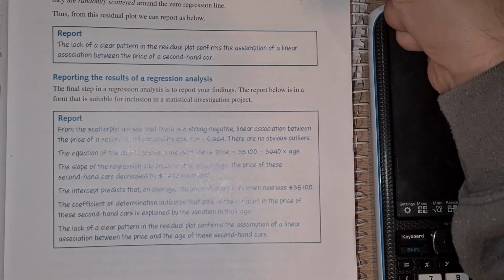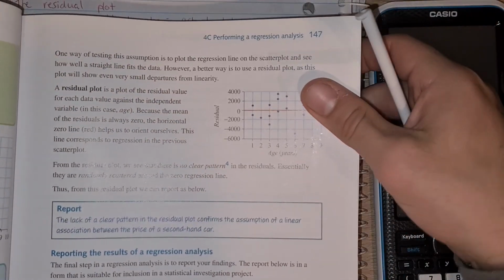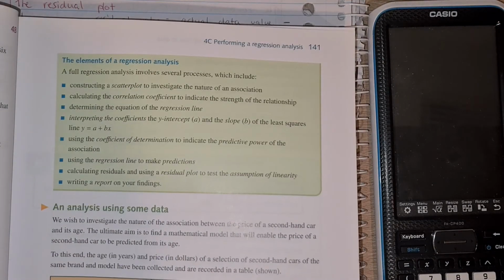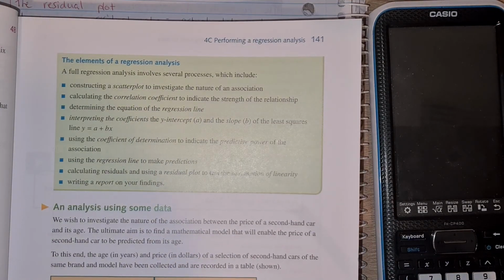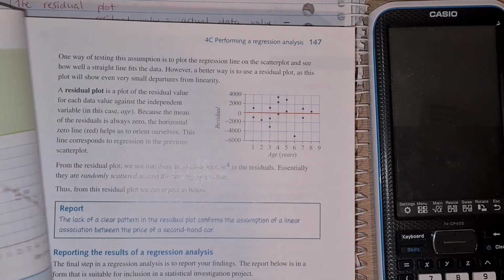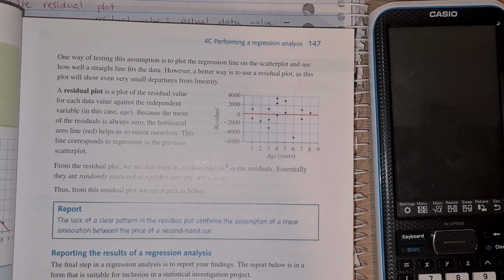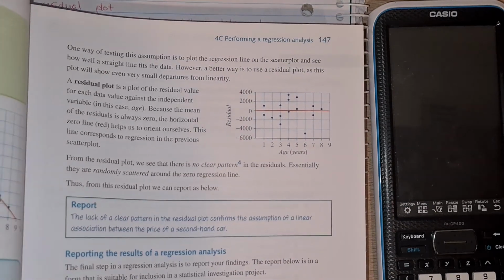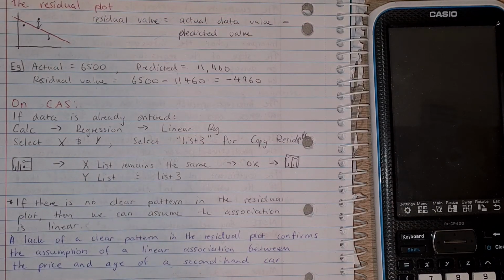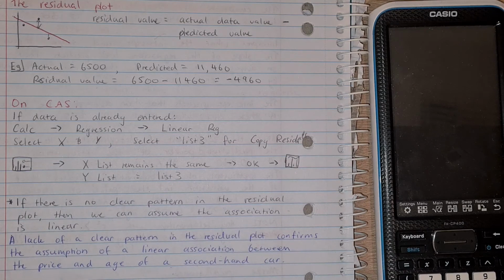Now, this regression analysis that I've gone through here spans from page 141 right through to 147, if you want to read through it yourself in a little bit more detail. Because this video is already super long and has contained a lot of information, I'm not going to go through any extended examples here. I will make a separate video for that.